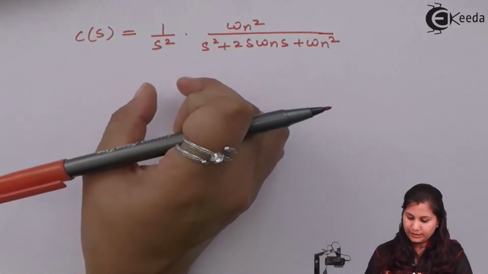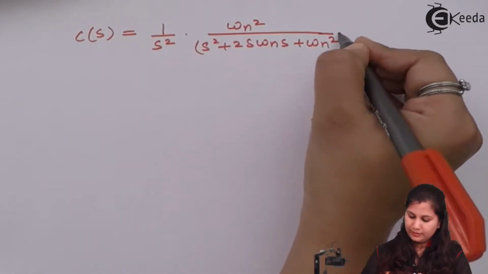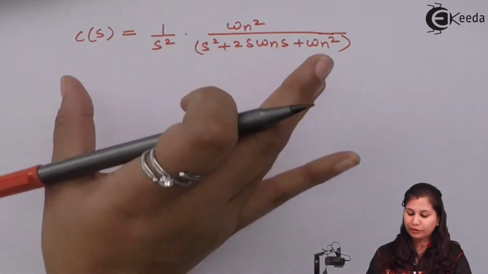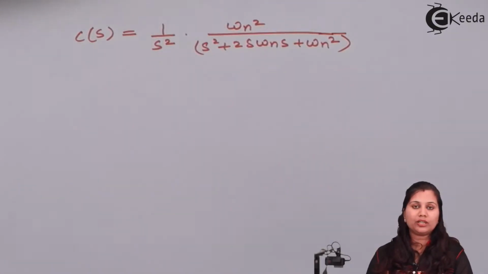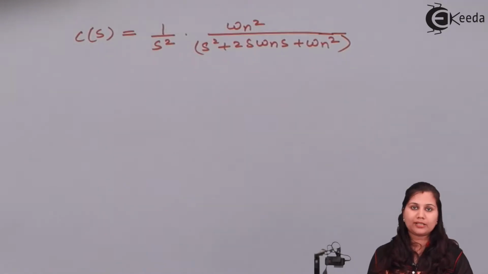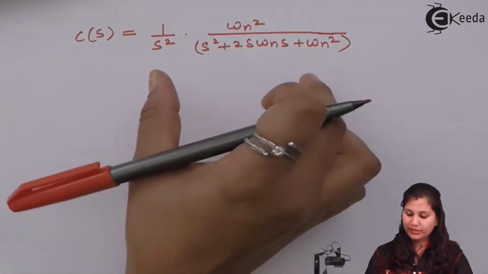Now we have to get the partial fractions, or convert this term into standard forms, so that we can apply those formulas directly to get the inverse Laplace transform. So first we will get the partial fractions of this term.